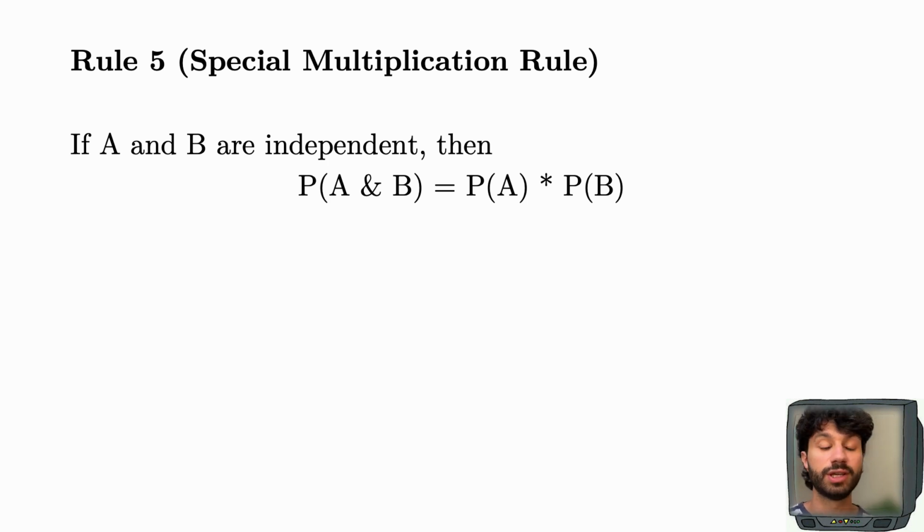And it says, in cases when A and B are independent, and only in these cases, then the probability of A and B is equal to the probability of A times the probability of B. Okay? So only in cases where they're independent. This rule does not hold, just like the previous one does not hold if the statements are not mutually exclusive. This one does not hold if they're not independent.